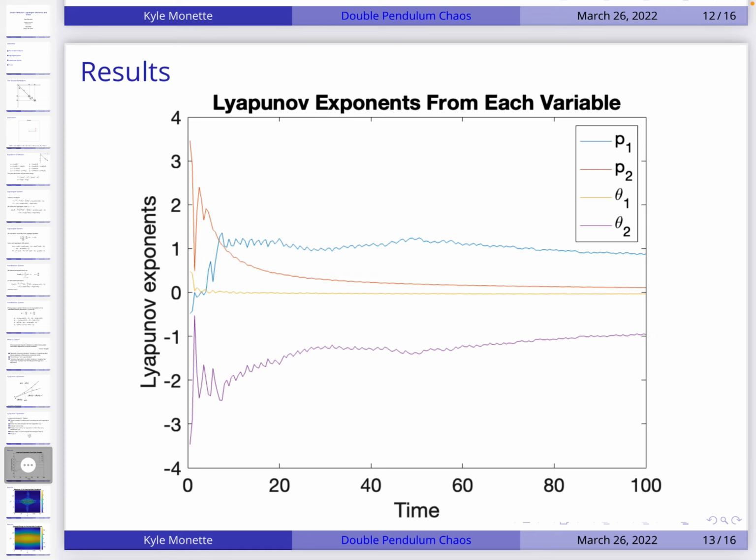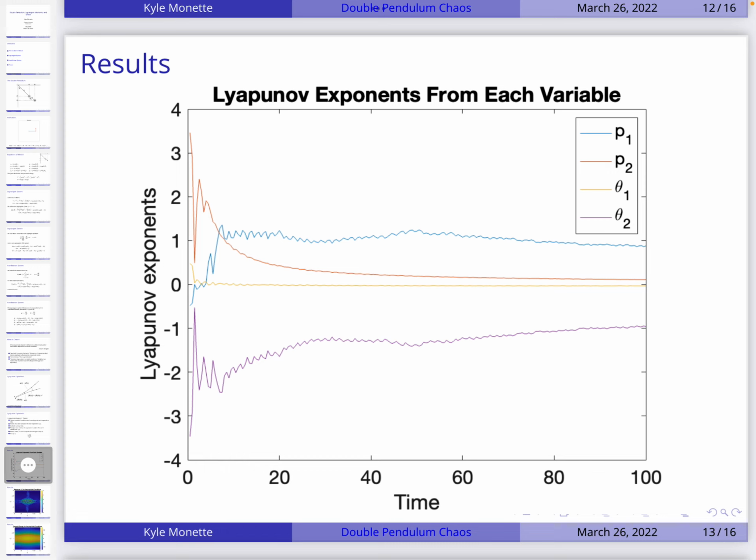And to have chaos, we have to have a Lyapunov exponent that is greater than 1. At least one exponent has to be greater than 1, and we can see that that's met here because we have two that are above 0. One of them will always be 0 for a conservative system like this. The other one's negative, that's fine. The point is that we have more than 1.